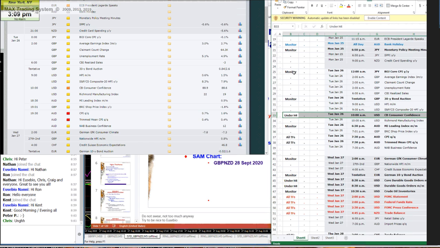Yep. The Aussie CPI quarter-over-quarter, all time frames. Okay. And we can skip the trimmed mean CPI. Okay. Yeah. Skipped. And that's it for Tuesday.